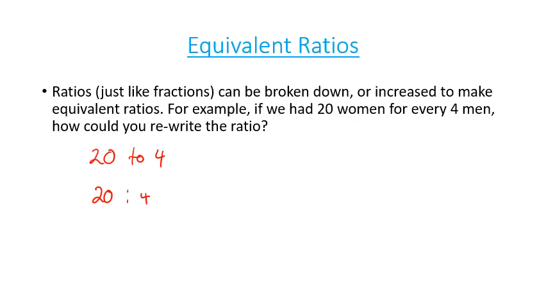But we know we can actually cancel that down because we can divide by 4 on both sides, and when we do that, we end up with a ratio of 5 to 1. So you can see this is a simplified version, a simplified ratio, just as we would simplify fractions.